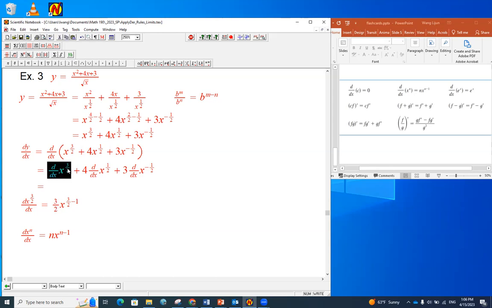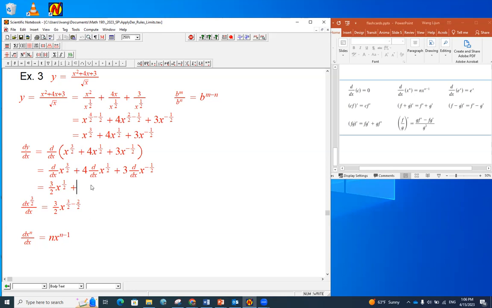So the first term ends up being 3/2 times x to the power of 3/2 minus 1. 1 is 2 over 2, and you should be pretty familiar with that fraction. 3/2 minus 2/2 equals 1/2. So now this exponent becomes 1/2.